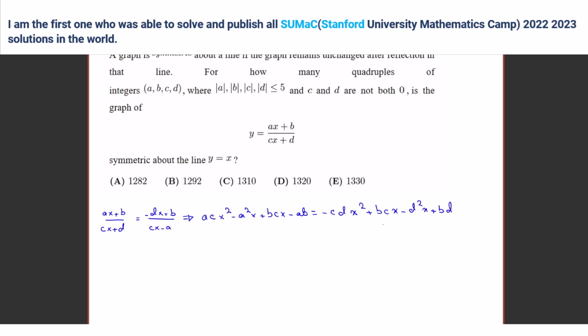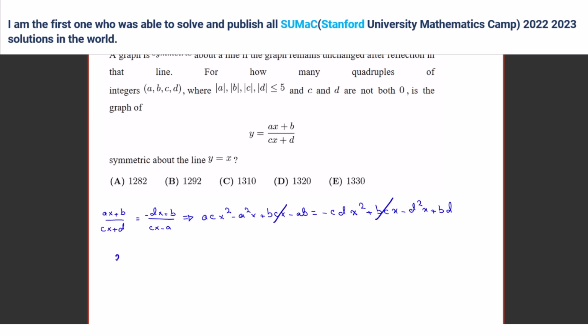Okay. We can cancel what from both sides? BCX. Exactly. And now we want to consider corresponding coefficients.